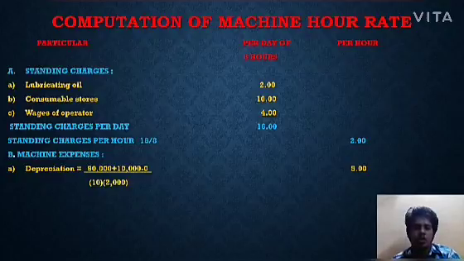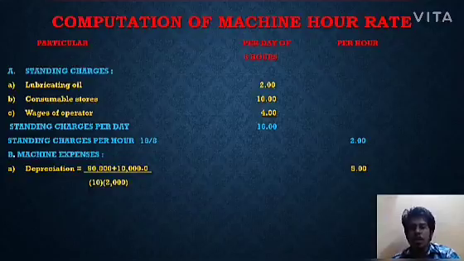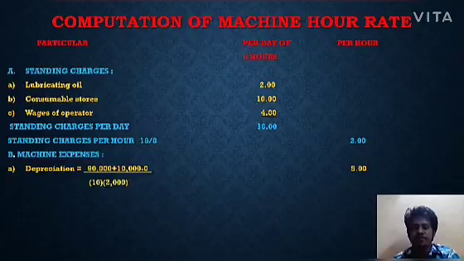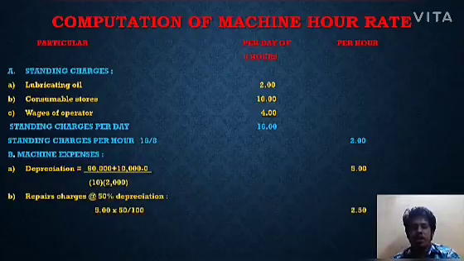Scrap value is not given in the problem, so scrap value is 0. Divided by working life of 10 years, and working hours 2,000 per year, that is 20,000. After calculating, we get depreciation is rupees 5.